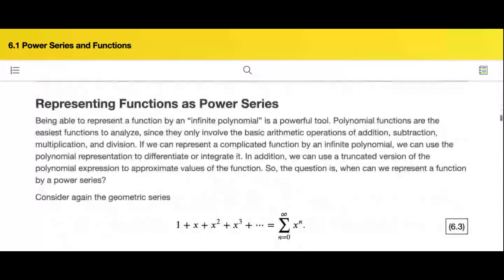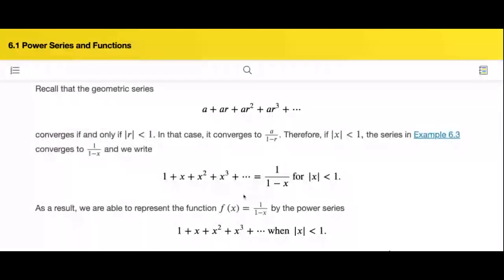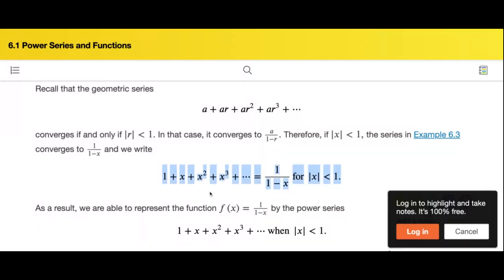And we can represent functions as a power series. We'll see some examples. Geometric series: we know a geometric series converges if the absolute value of the ratio is less than 1, and we know exactly what it converges to. So we can use that to write, if we have 1 plus x, and so on, basically the summation of n equals 0 to infinity of x raised to n. If the absolute value of x is less than 1, that converges, that's a geometric series.